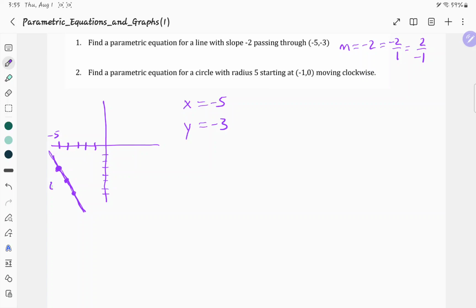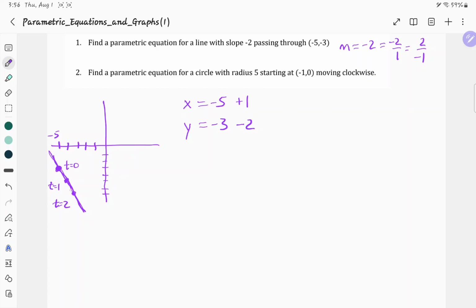So if I think of this as t is 1 when I count my slope, t is 2 over here, t is 0 up here. I'm going to go down 2 to the right 1. So that means -2 for my y and +1 for my x.